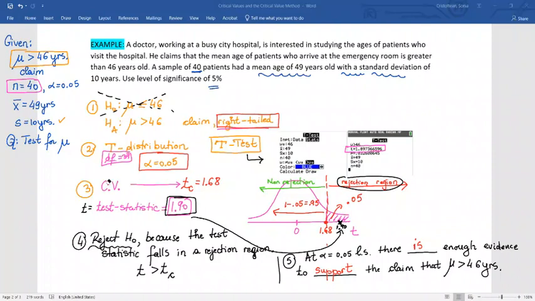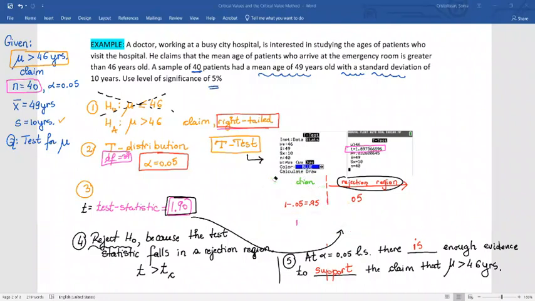So this is the part that you will have to do some work for, because this is not displayed right here under the test. But you will do the test. You will not need to do this using the critical values, but you may want to do this for the p-value, right?